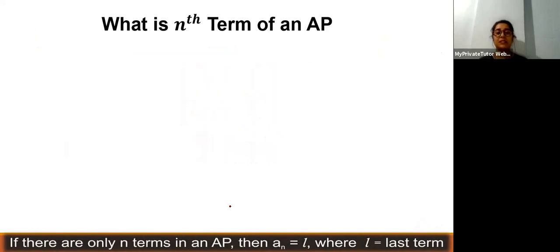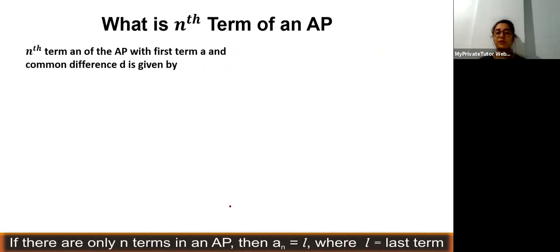AP is arithmetic progression, in which the difference between the list of numbers should be the same. The nth term of the AP with first term A and common difference D is given by, what is A over here? A is the first term and D is the common difference. You have to remember that.